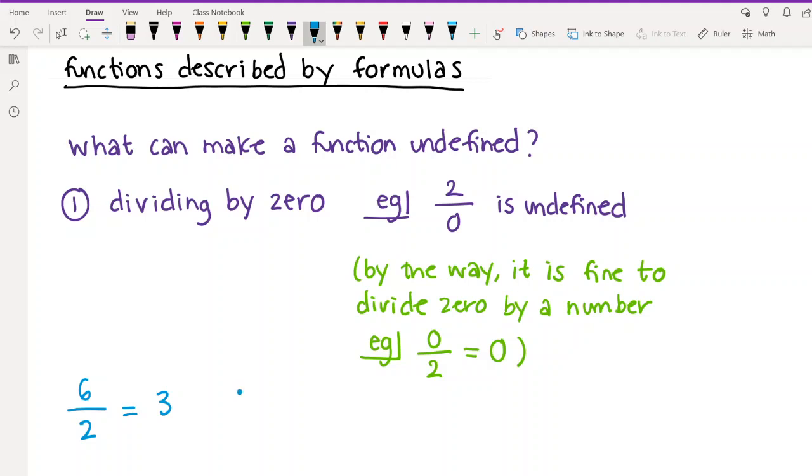You can think of 6 as being made up of 3 collections of 2. So if you're taking a number and dividing it by 0, say 2 divided by 0, that's asking how many times can you fit 0 into 2? And that question just doesn't really make sense. So that's why it's undefined.